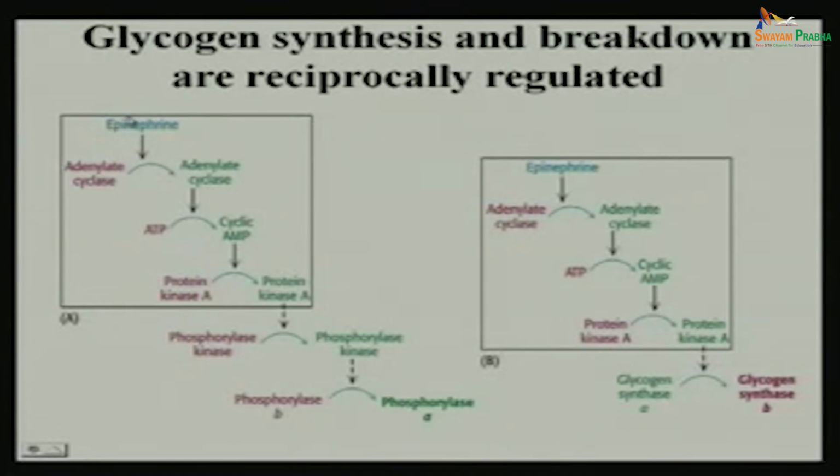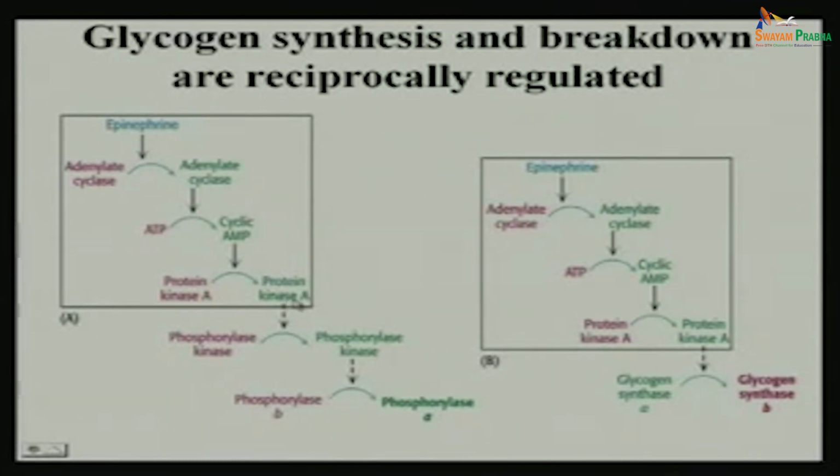With the release of this epinephrine hormone, it becomes active adenylate cyclase. Once this enzyme is active, ATP is converted to cyclic AMP. Cyclic AMP, when formed, activates the inactive protein kinase A to active protein kinase A.